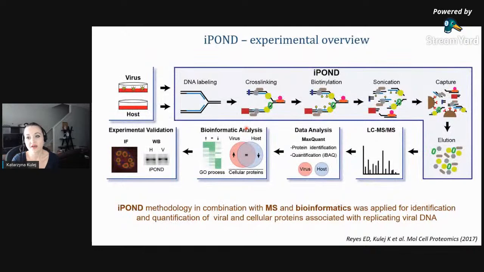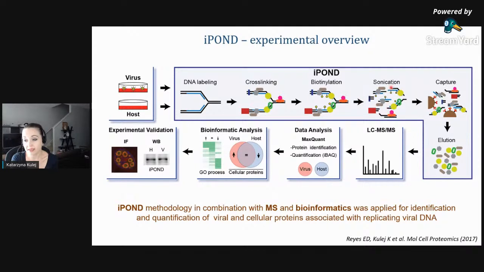So how does the full workflow of the iPOND method look? We take non-infected and infected cells. We label the DNA with EdU. We cross-link the proteins to the DNA using formaldehyde. In the next step, we biotinylate our EdU-labeled DNA. We lyse the cells.